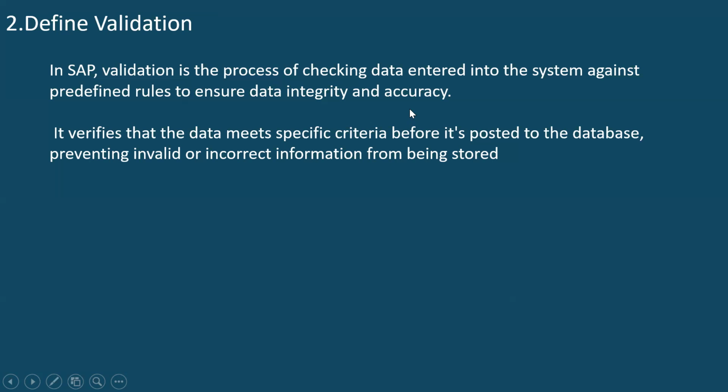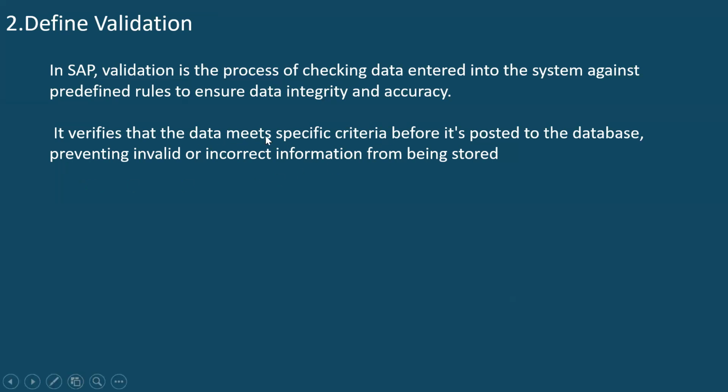If the condition is not fulfilled, for example, if the condition is failed, then it will throw an error. Just like if the database password matches, then the system will allow you to enter into the Gmail. If the database password and the password that you are entering are not matching, then it will throw an error.